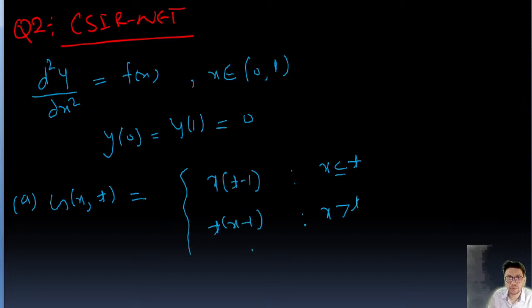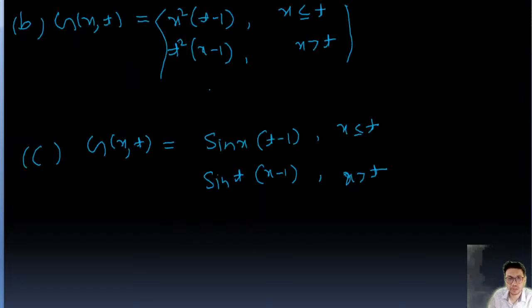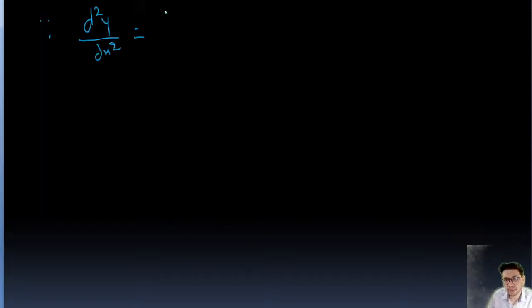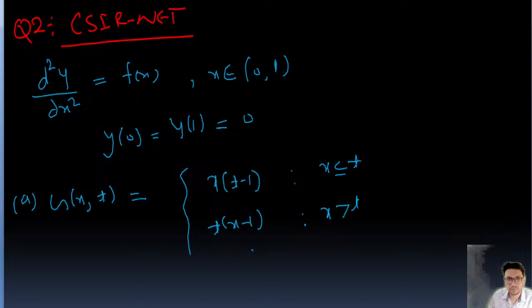First, we'll write this problem. d2y over dx squared equals f(x). This is the question which is given.